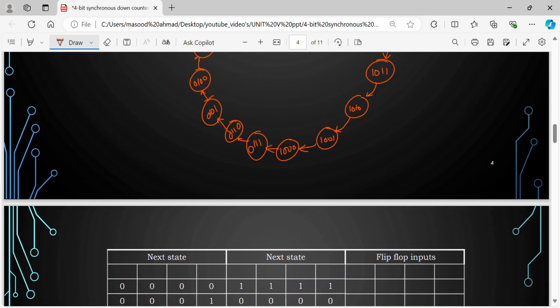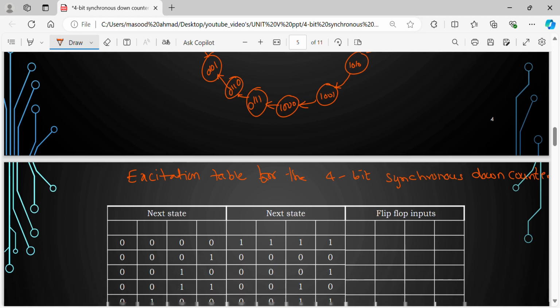From this, the rest is excitation table development. So the excitation table for the counter. Which counter is it? 4-bit synchronous down counter.